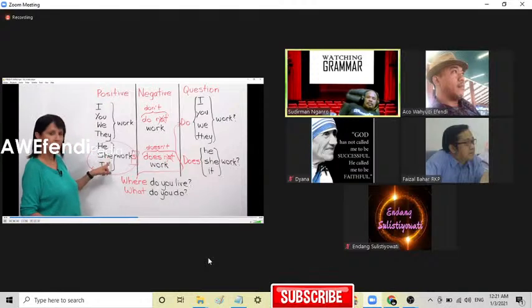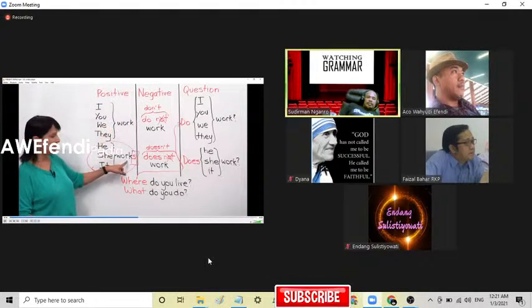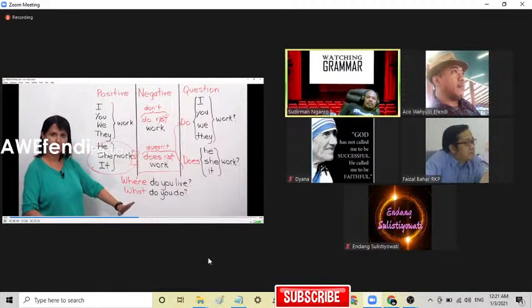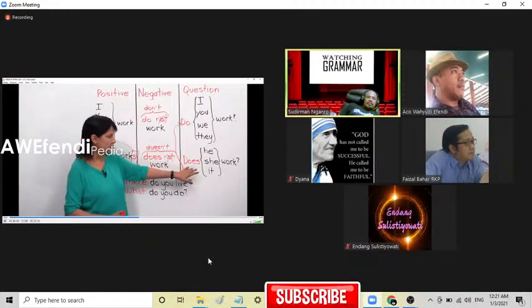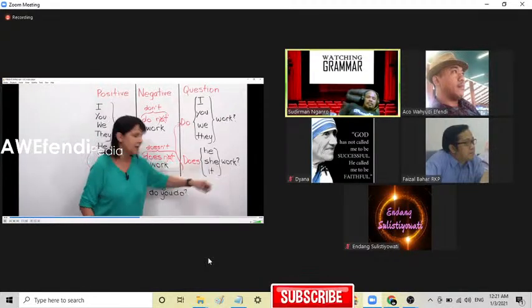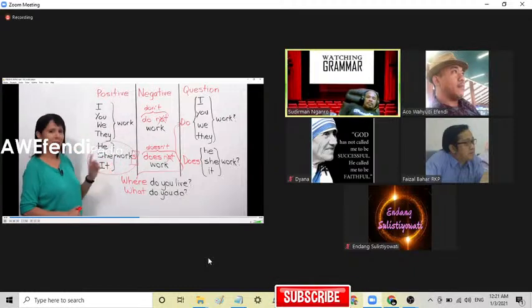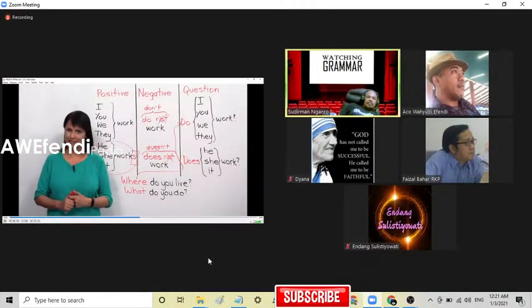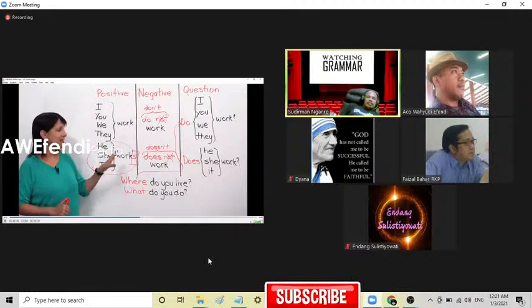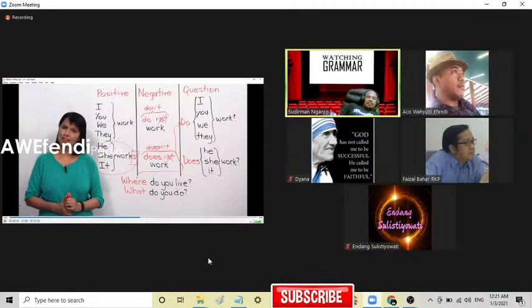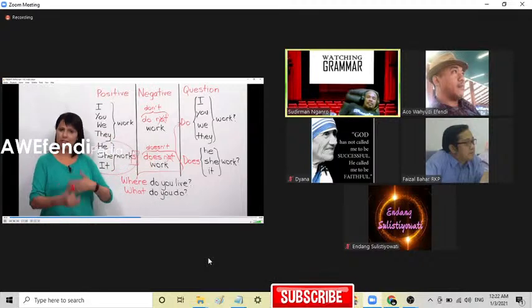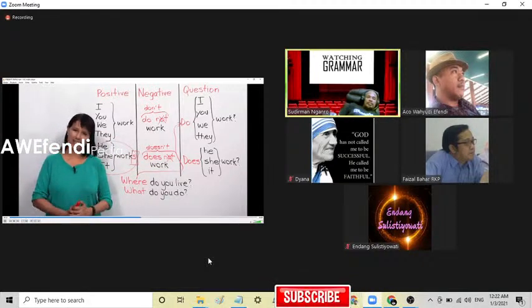So even though with he, she, and it in the positive sentence we add the S, in the negative, no. Just go back to the base form. And in the question, go back to the base form of the word work. But you do need to remember that in that positive sentence, add the S. Okay? So that's the structure of the present simple tense. It's really pretty straightforward. You just need to practice it and you will get it.